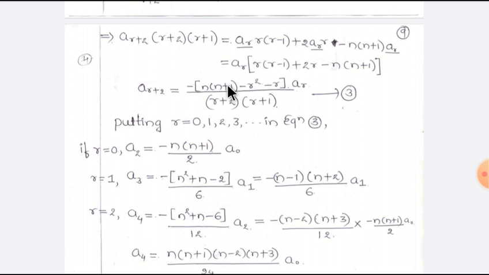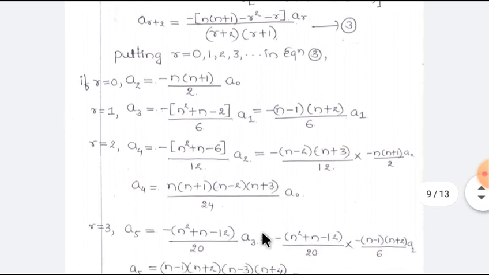Substitute r is equal to 2, we get a4, because 2 plus 2 is 4. a4 is minus of n square plus n into minus 6 whole divided by 12 into a2, which is equal to minus of n minus 2 into n plus 3 whole divided by 12 into a2. We have the value of a2 in terms of a naught, so substitute minus n into n plus 1 whole divided by 2 into a naught.